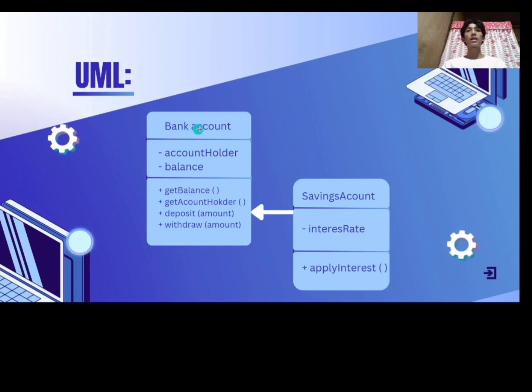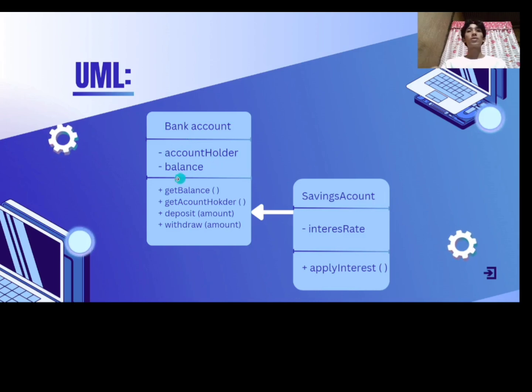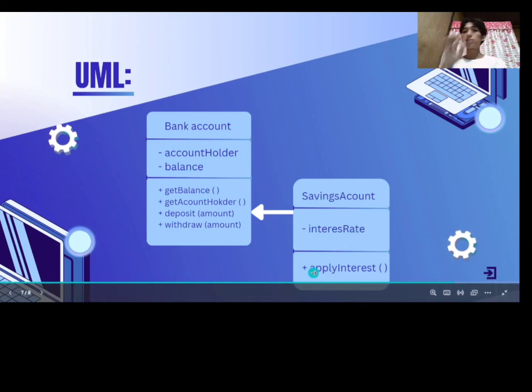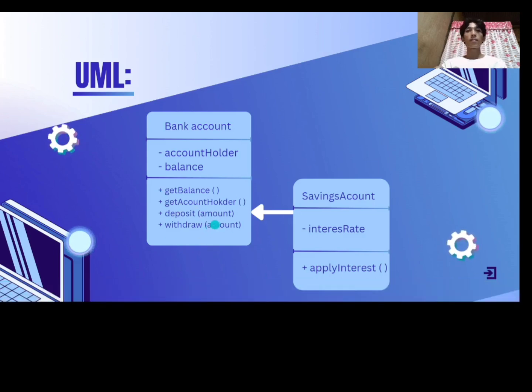We have the bank account, which is the superclass, the parent class, and then its subclasses. The attributes of the bank account are the account holder and balance, and then the savings account has the interest rate and apply interest. So next we proceed to our IDE.